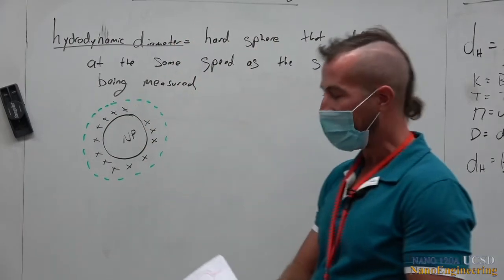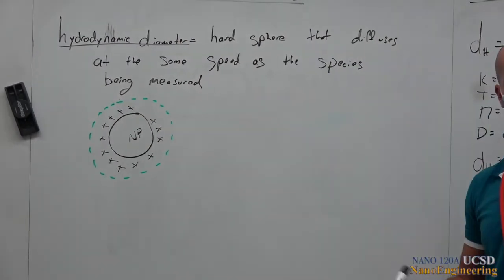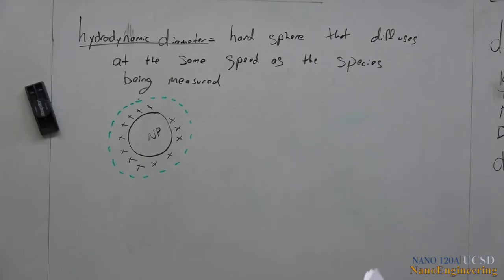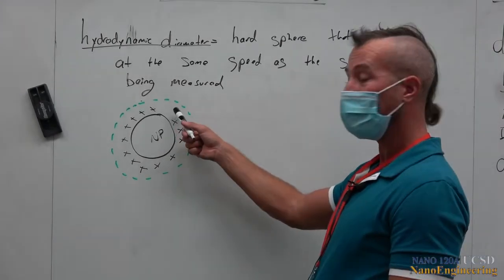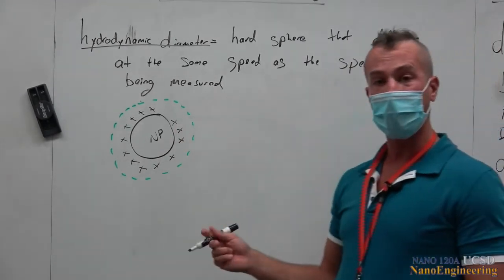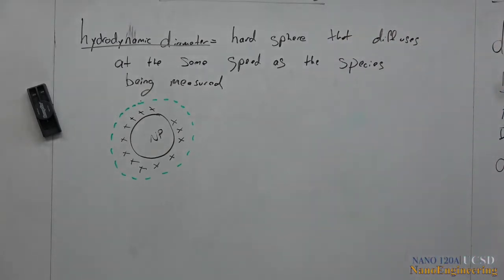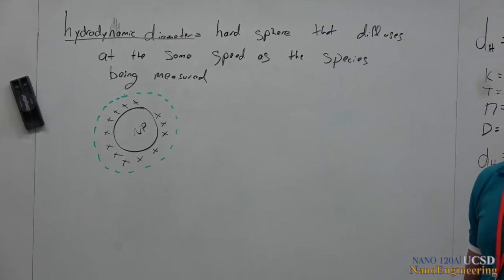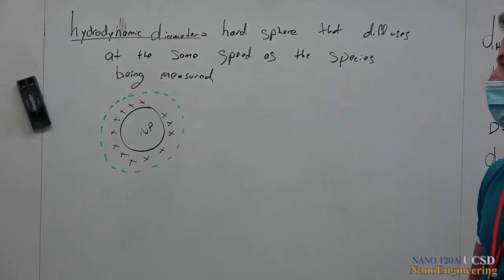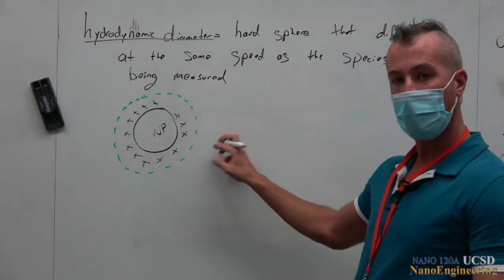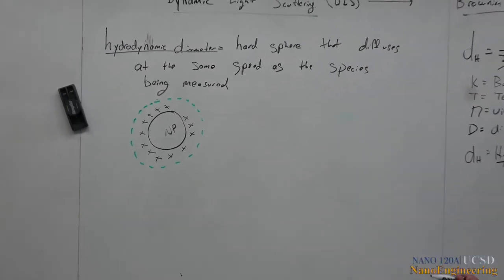So this green dashed is the hydrodynamic radius, right? And so it's going to be affected by your solvent quite a bit, right? It's going to be affected by the pH. It's going to be affected by the ionic strength. So choosing your solvent in DLS is important.